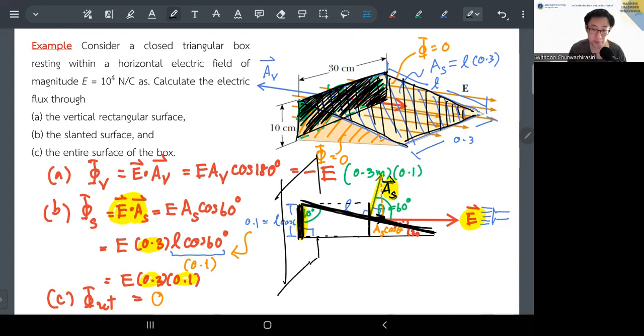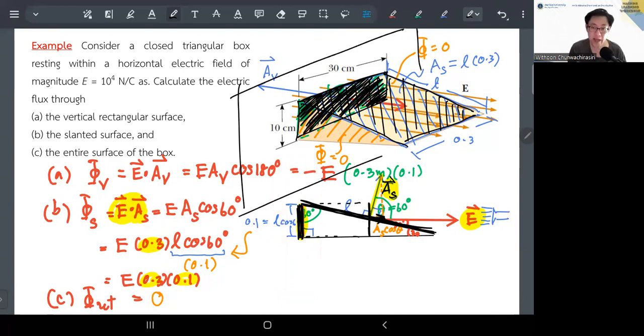Let me put in a perspective. It's not supposed to be a perspective though, but anyway, the point is, if I have a screen behind this and I shine the flashlight onto that slanted surface, it's going to cast a shadow. And the shadow is exactly that blackened area that I just drew over here, right? So now you can imagine that every time you do the dot product, you only care about the area that is perpendicular to the electric field line.